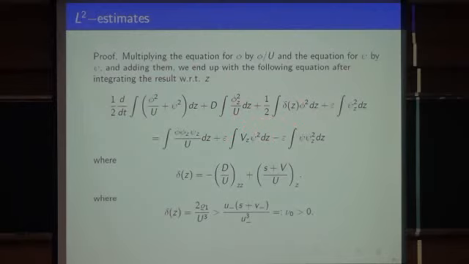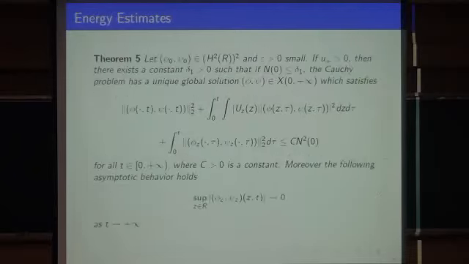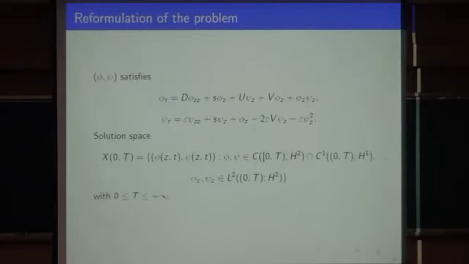So the L2 estimate we did this way. You remember we had two equations for phi and psi, and we are going to work on that, multiply the first and second. So we just do the necessary combination of these two.